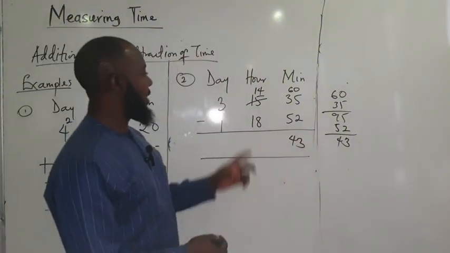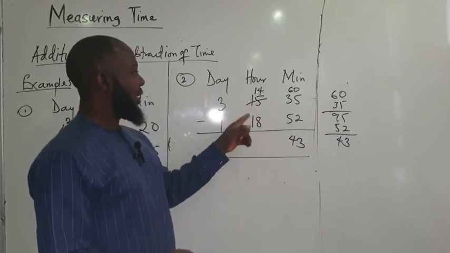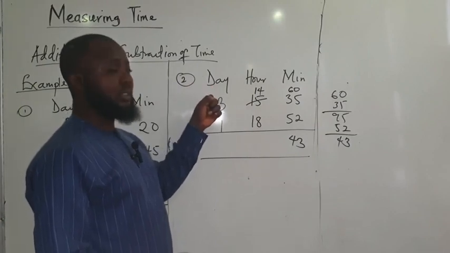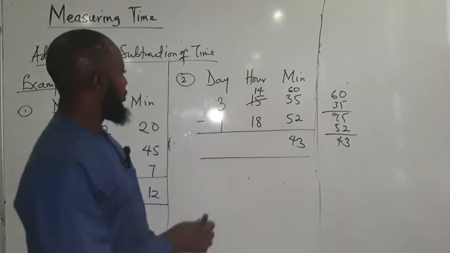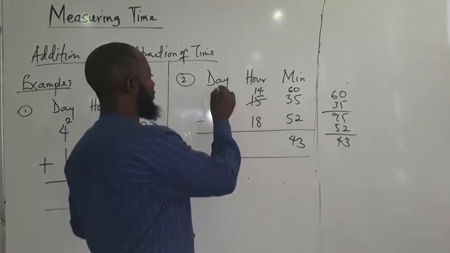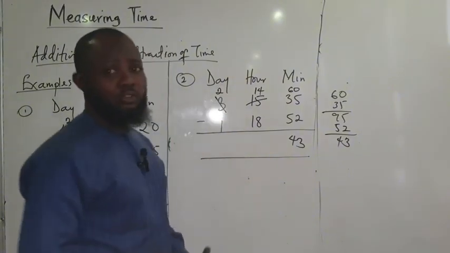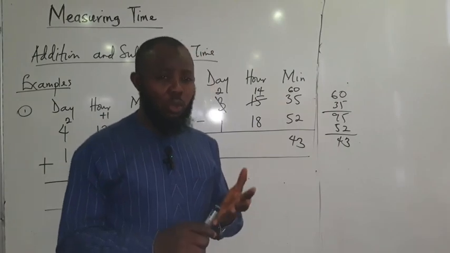So the same thing here, we cannot subtract 18 from 14. We have to take 1 from this 3, which is a day. So we take 1 here, and it remains 2 days, right? Then for the one we are taking, don't forget that 24 hours make 1 day.